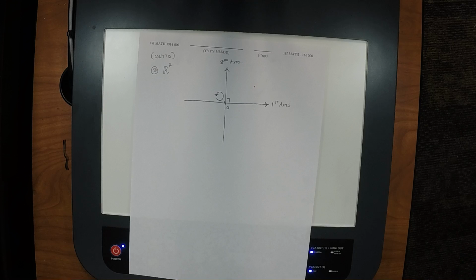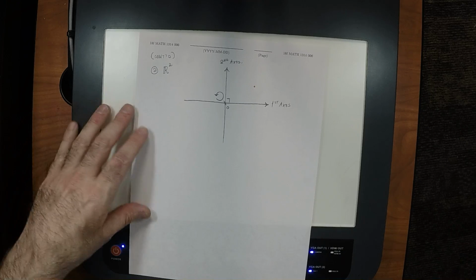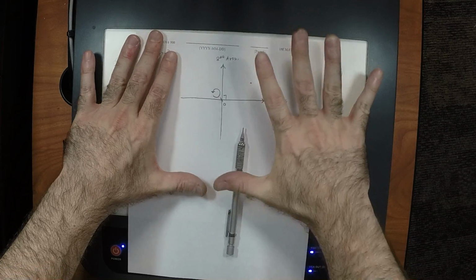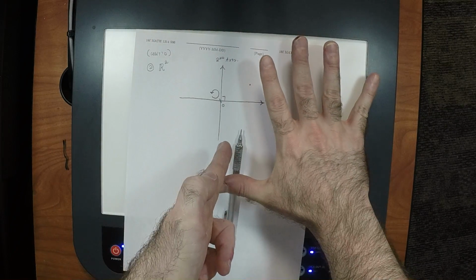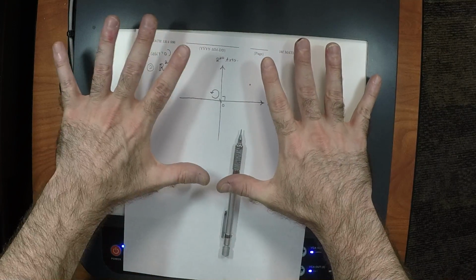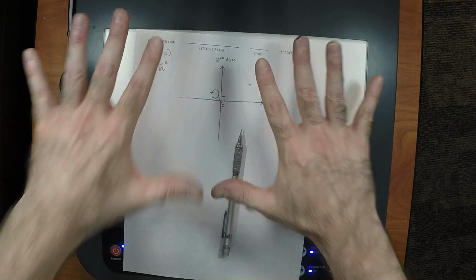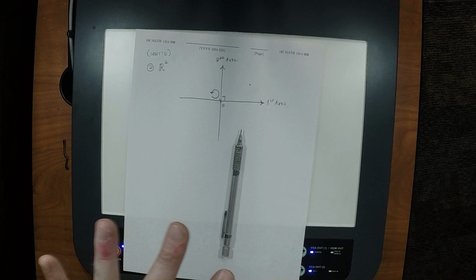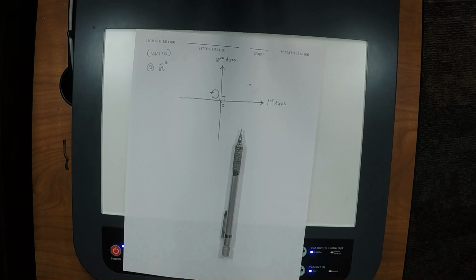But at any rate, it makes for some funny situations. Notice that my right hand, if you imagine this to be a mirror, would reflect to my left hand. Or imagine in your mind's eye, standing in front of a mirror, like in the bathroom, holding up your right hand. What hand is the person in the mirror holding up? Their left hand. So when you make that reflection, that's what occurs.